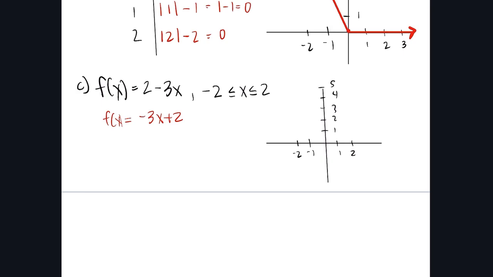I need something like this. I can say my y-intercept I know is going to be a 2. And then it goes down 3 over 1. So down 3 over 1, down 3 over 1. And then I'm just going to stop when I get to 2. Do the same thing, go left 3, up 1.